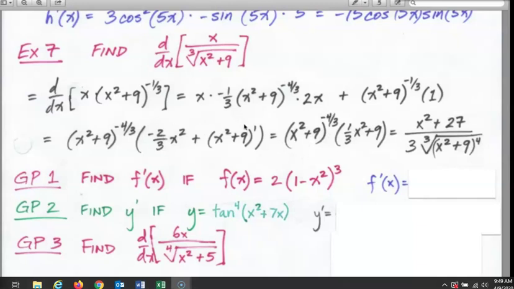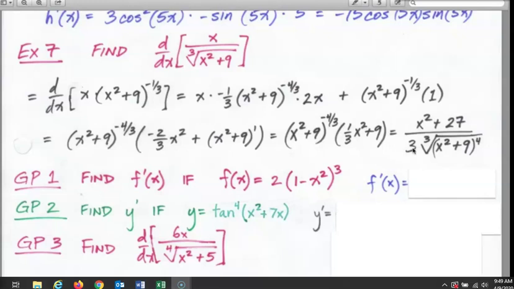You can combine like terms on the inside here with the x squared to get this ugly guy right here. And now you can clean it up several different ways. The way I did it here is I said that I'm going to make this x squared plus 27 over 3. Okay, so it ends up being x squared over 3 plus 27 over 3. So I get an x squared plus 27 on top, and I'm going to bring this 3 down here on the bottom.